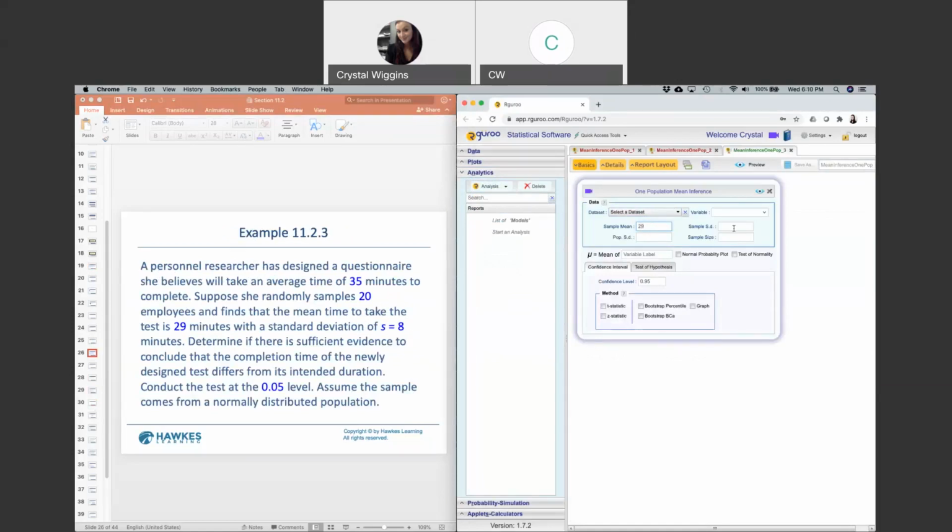My sample standard deviation is 8, with my sample size of a merely 20 employees. The variable here is time, so minutes, mean of completion time in minutes. Test for hypothesis significance level 0.05.